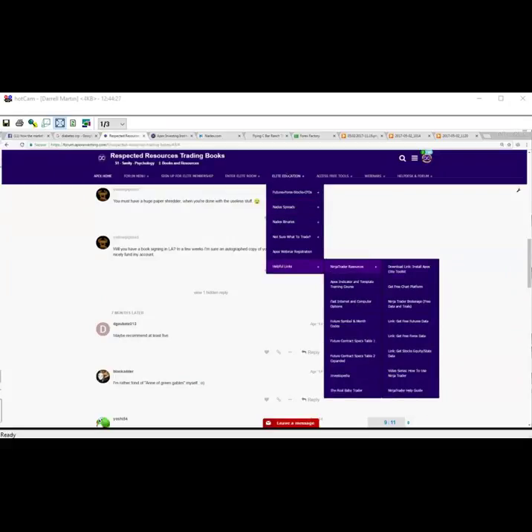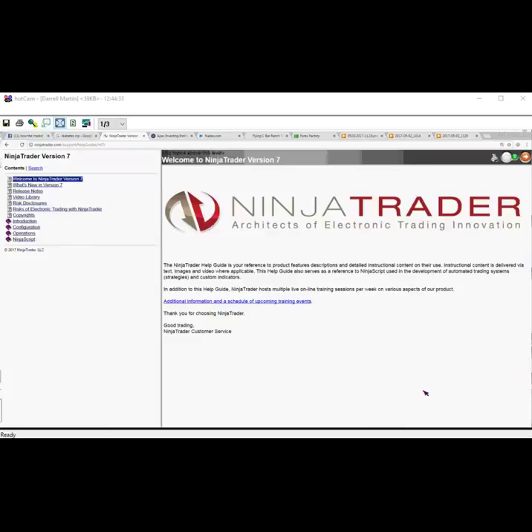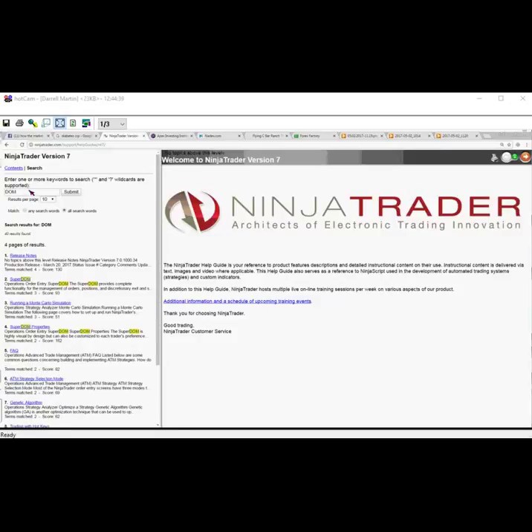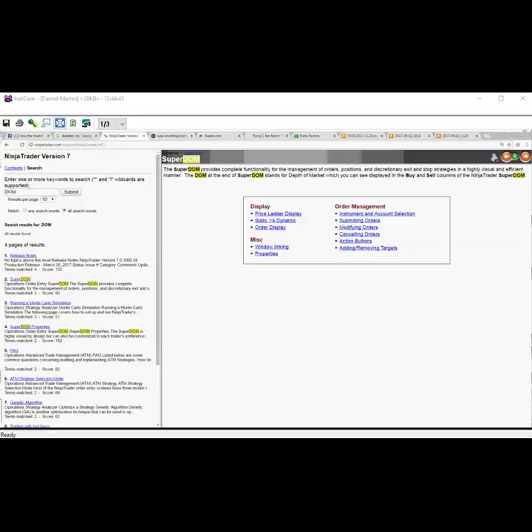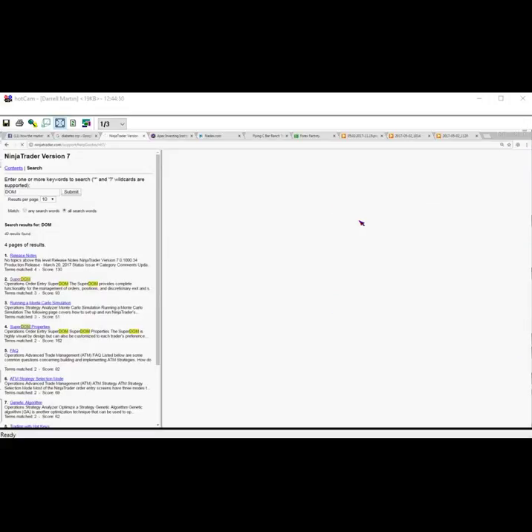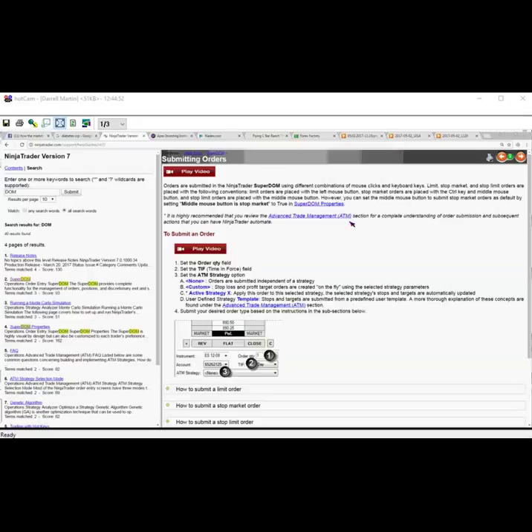Oh, there it is, the help guide. Okay, so under Elite Education, Ninja Trader, the very last one is the help guide. You can go over here, click search, and type in DOM and Super DOM: submitting orders, modifying orders, action buttons, all that stuff.